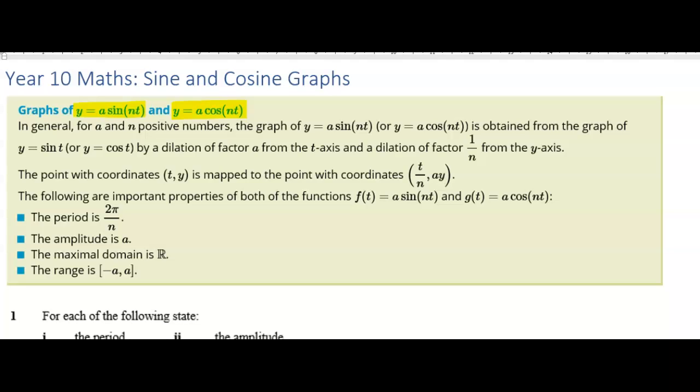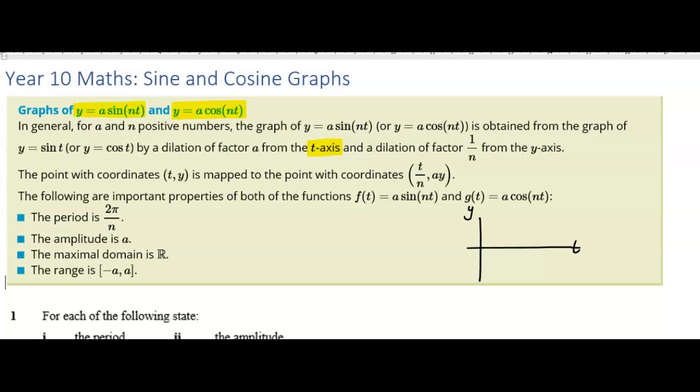Basically, they're just your basic sine and cosine graphs, but now we've got an a and an n. The t, if you're thinking, oh my God, what does a t refer to? That's basically your x-axis, but they're just referring to it as the t-axis. So if we've got a graph here, this is t and this is y.